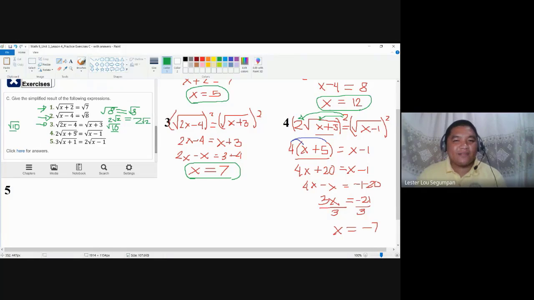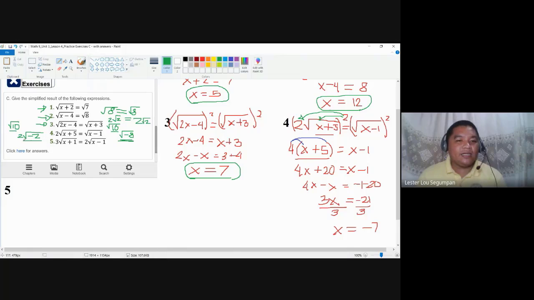Negative 7 plus 5 is actually negative 2. In short, this side will become 2 square root of negative 2. On the other side, you will have negative 7 minus 1. This will become square root of negative 8. What do you think? Do we have a square root of a negative number? No. In short, this side here does not exist.